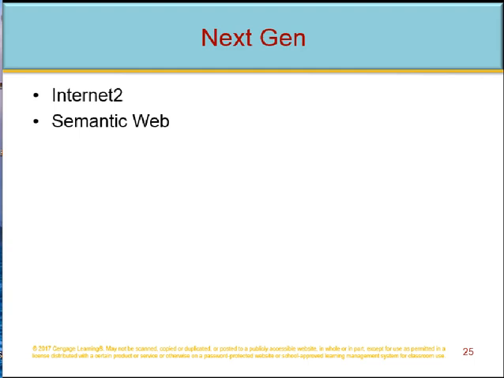The set of XML syntax standards are known as the Resource Description Framework, or RDF. Obviously, the development of the semantic web is going to take many years, and they're starting with ontologies for different subjects.